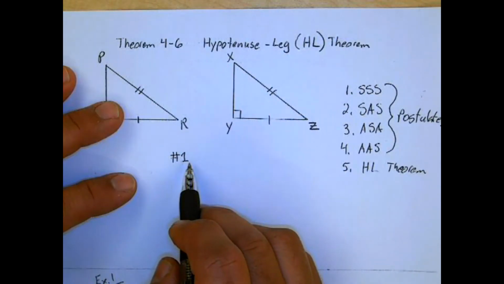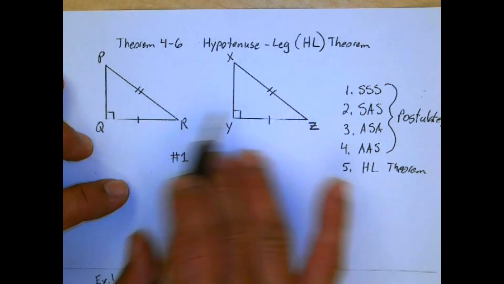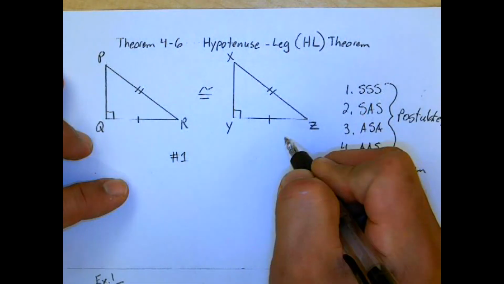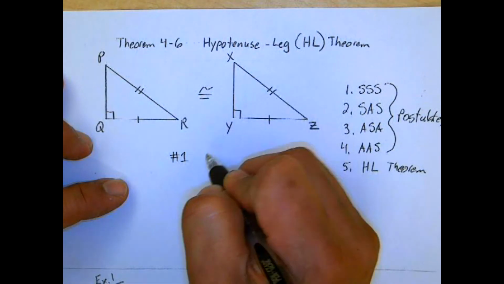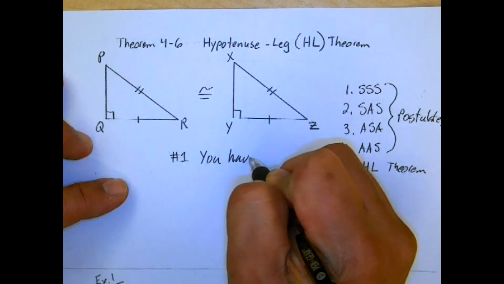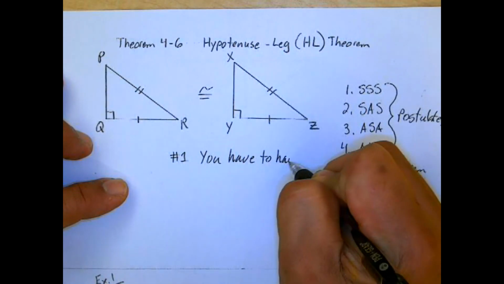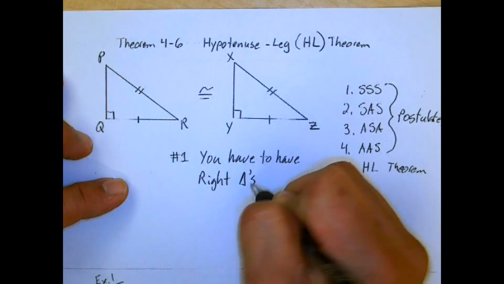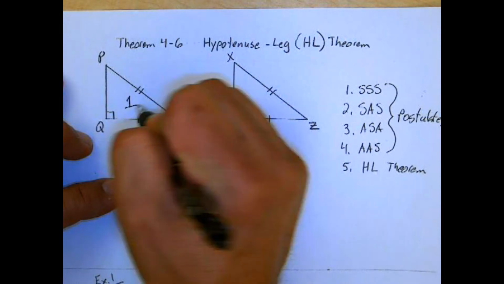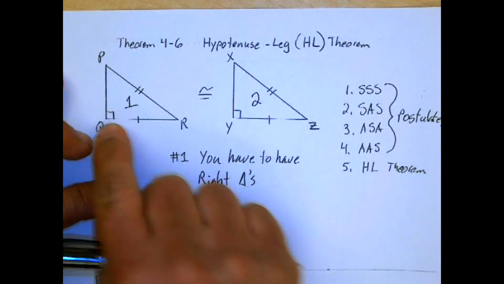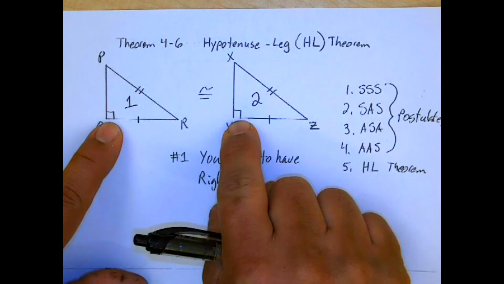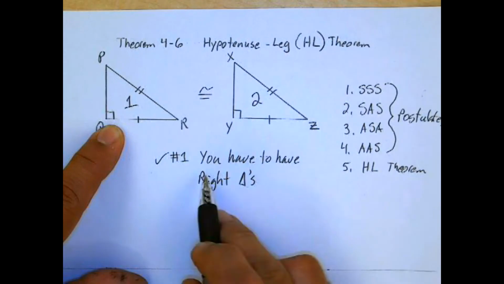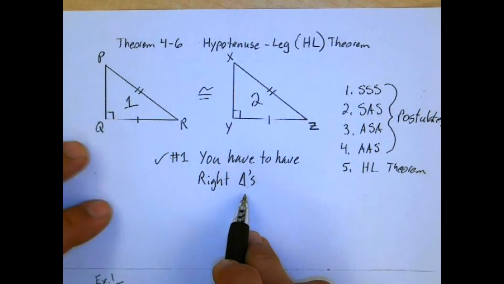So the first thing that you got to look for, if you're going to call 2 triangles hypotenuse leg, and then you can call them congruent, is you have to have right triangles. Now, you'll notice in the first one and also in the second triangle, you have these symbols that indicate that both of them are right triangles. So this first part, you can check it off.